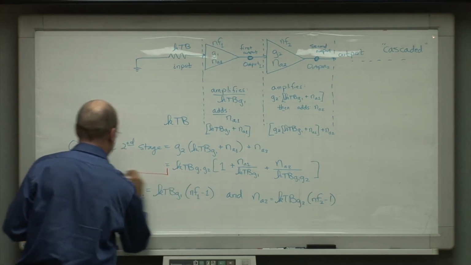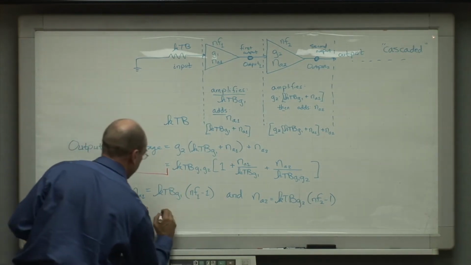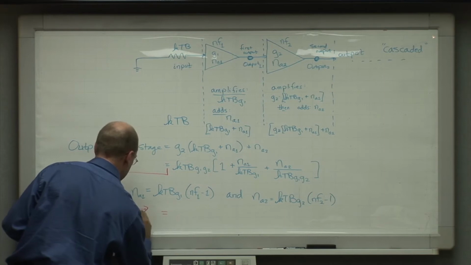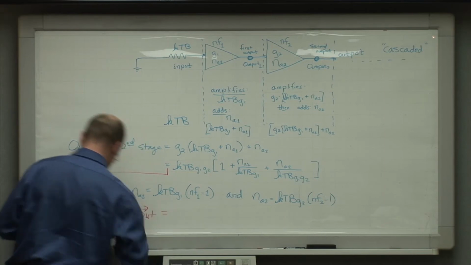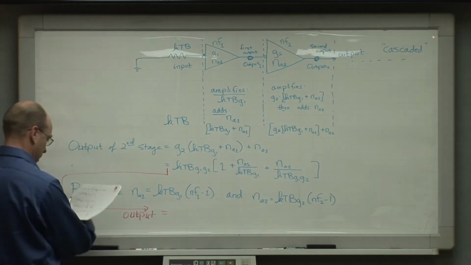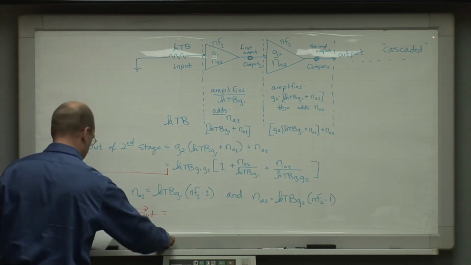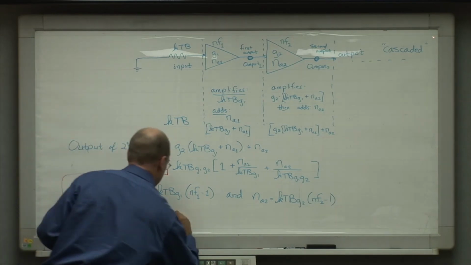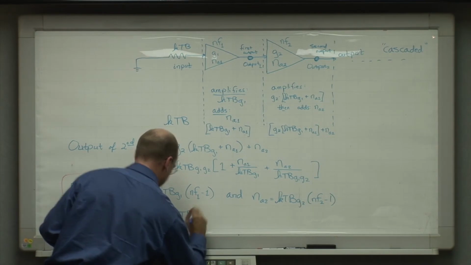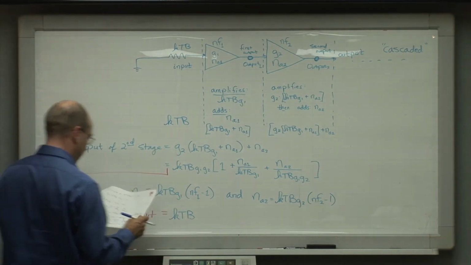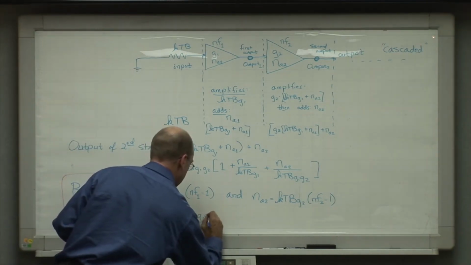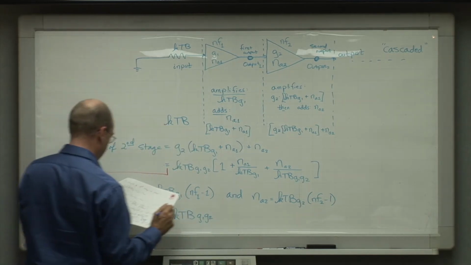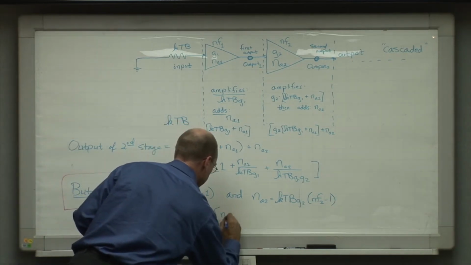And so this output level, to come over to here, the output, like so, is equal to KTB G1, G2. Always pays to do the math in advance to make sure that I'm getting it right.